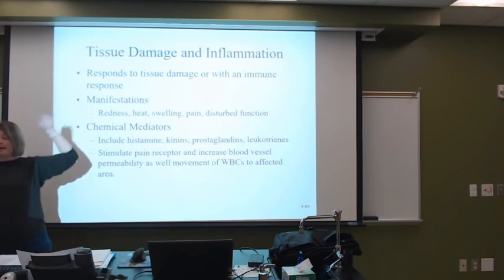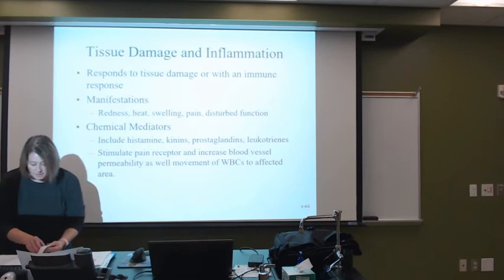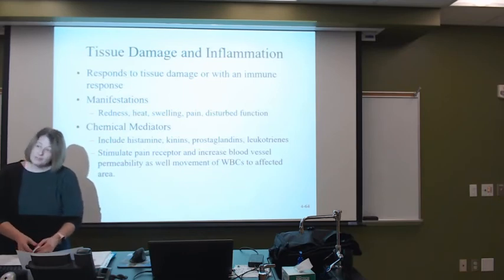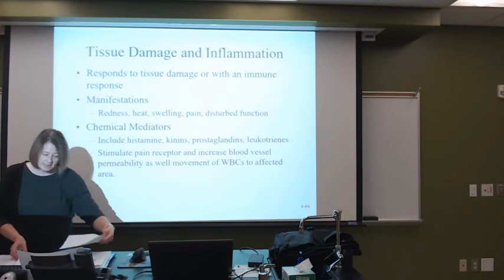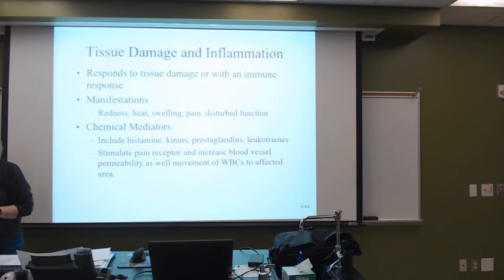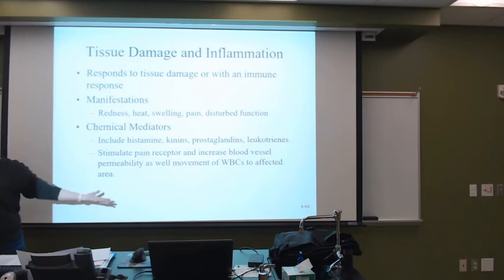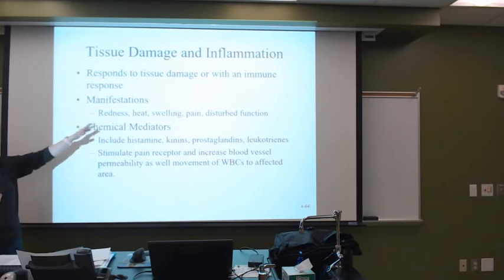Now, I think the way that the picture in the text is going to represent this, it's going to use the example of a splinter. Now, granted, tiny, all right, but we all know breaches can be much bigger, okay? But the response is the same. It's going to respond with the redness, the heat, the swelling, the pain, the disturbed function.